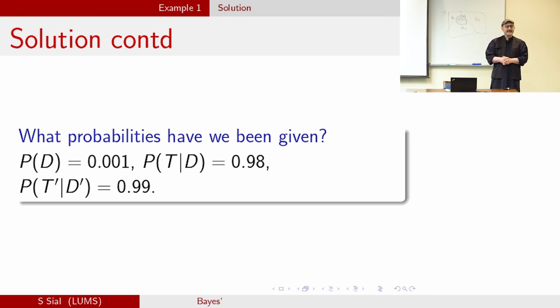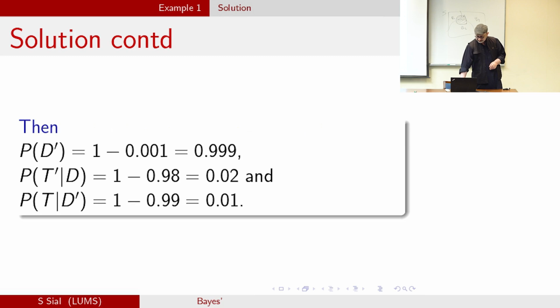I recall that Bayes' rule can help me with problems like this. Now I might want to calculate some complements while I'm at it. If the probability of disease in the general population is 0.001, then the probability of not having the disease in the general population is 0.999.